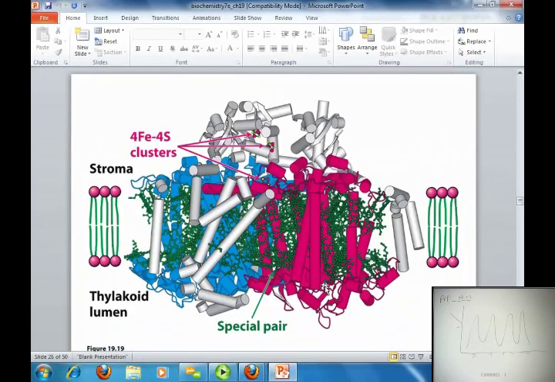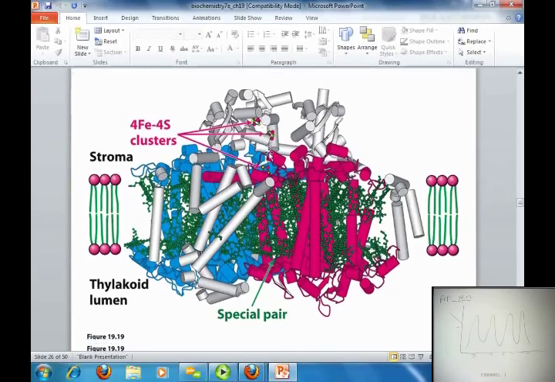Okay, and how the thylakoid membrane has the iron-4 sulfur clusters, which are involved in the electron transfer. You might have studied even my own research paper, the iron sulfur cluster, which is responsible for the electron transfer, the same phenomenon which is here in the photosynthetic process. Okay.